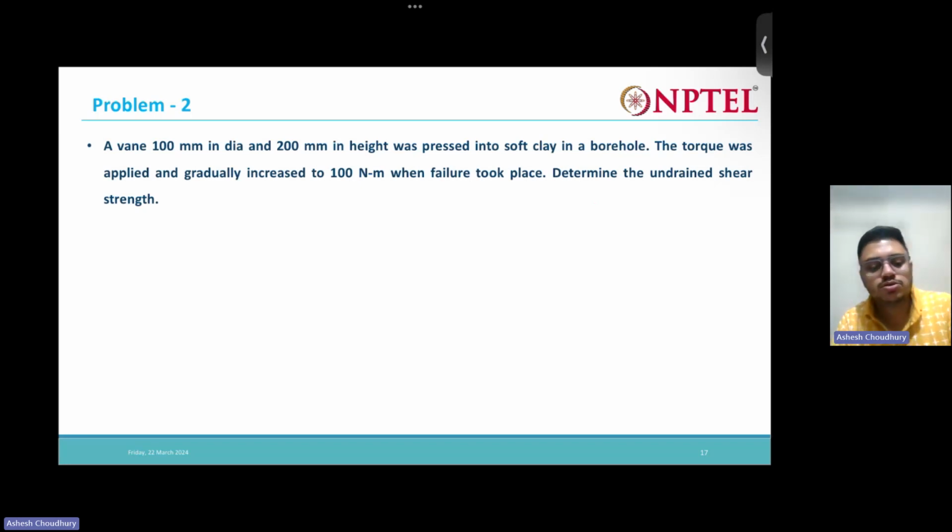Here we need to determine the undrained shear strength, right? With the vane shear, you already know how to find out the undrained shear strength. You put the vane in the soil and then apply a torque, and from there you can calculate the undrained shear strength. So D, this diameter, is given.